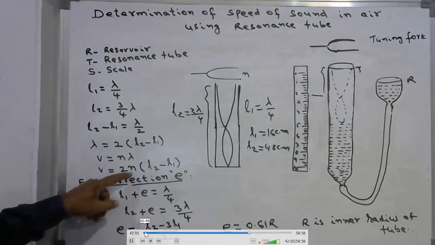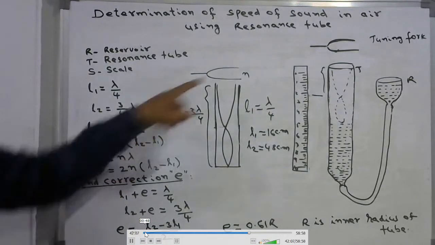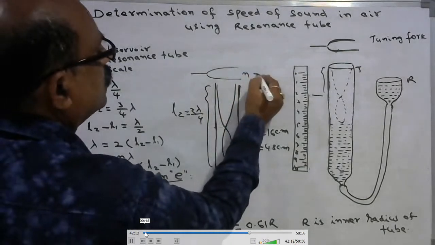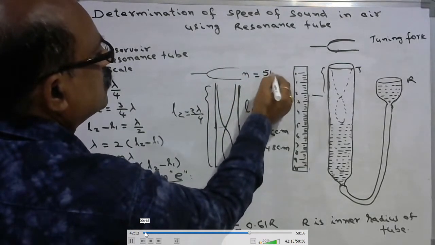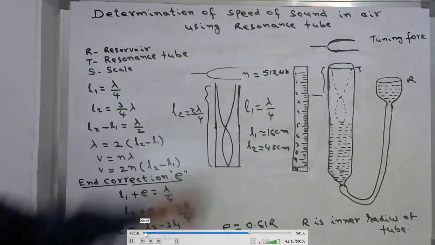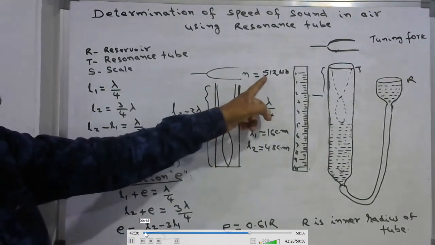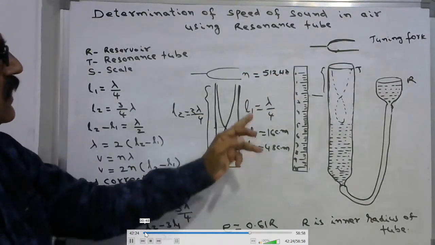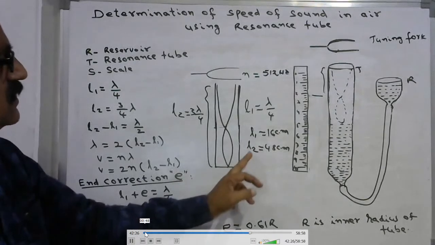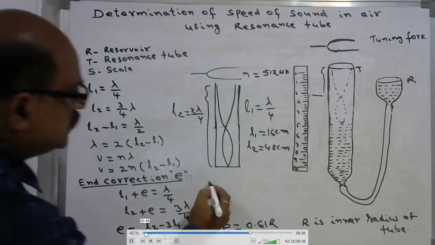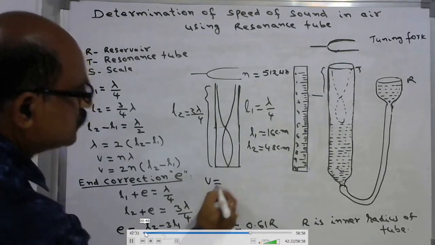What is this n? This is the natural frequency of the tuning fork. Say this tuning fork has a value such as 512 Hz. So once you know n is equal to 512 Hz, L1 is equal to 16 centimeters, and L2 is equal to 48 centimeters, it is very easy to find the velocity of sound in air.